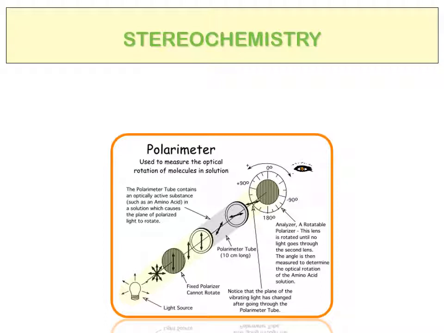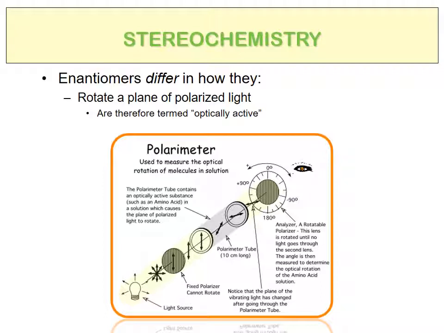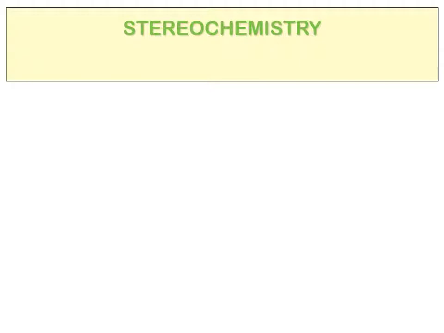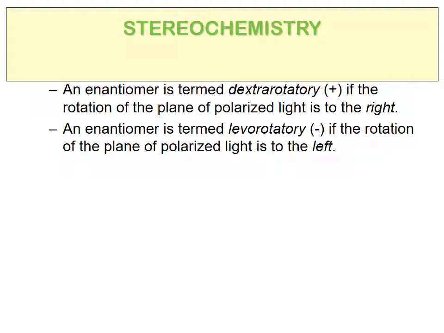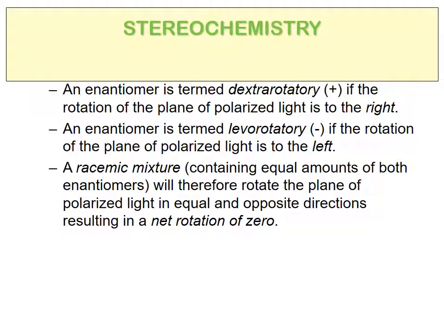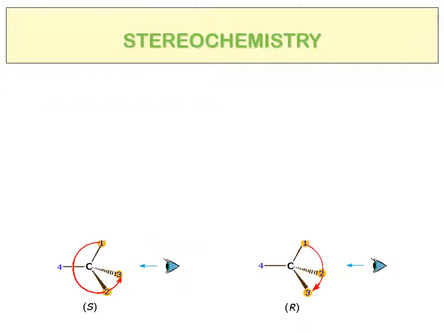There's also the sinister and rectus, and those have to do with how they rotate light. But sinister and rectus is a little bit different, where they take the carbon, and there's an order of priority based on hydrogen versus what halogen it is, or how many carbons, and all.